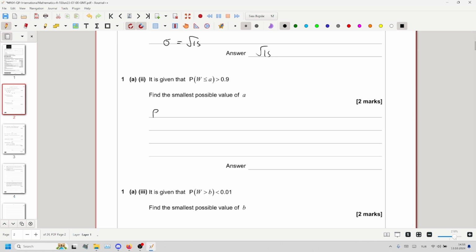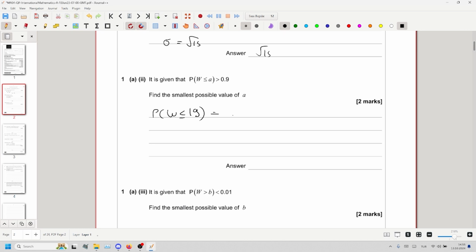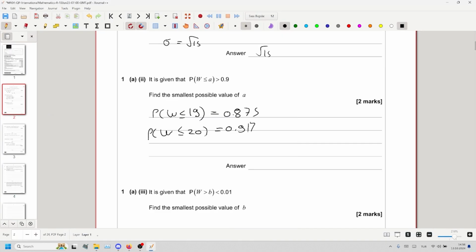So here we have to write that the probability that W is less than or equal to 19 is equal to 0.875, and the probability that W is less than or equal to 20 is equal to 0.917, so 3 significant figures.